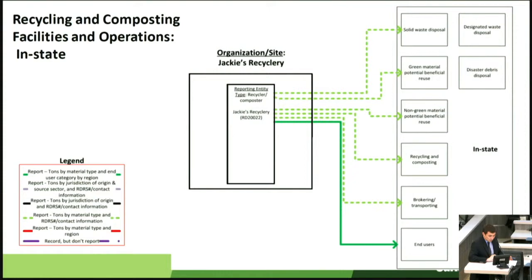So basically, again, we're only reporting outflows, and we're doing so mostly by material type. So jurisdiction of origin is something that's never a requirement to keep track of for recycler/composters. And we'll talk about residuals and attributing them and so forth. And folks may want to interrupt me with some questions about that, and that's fine.